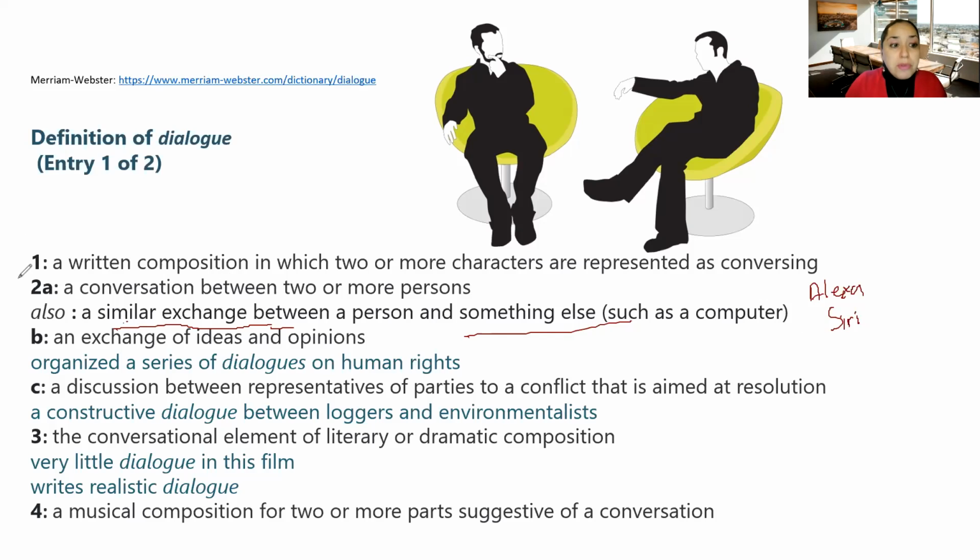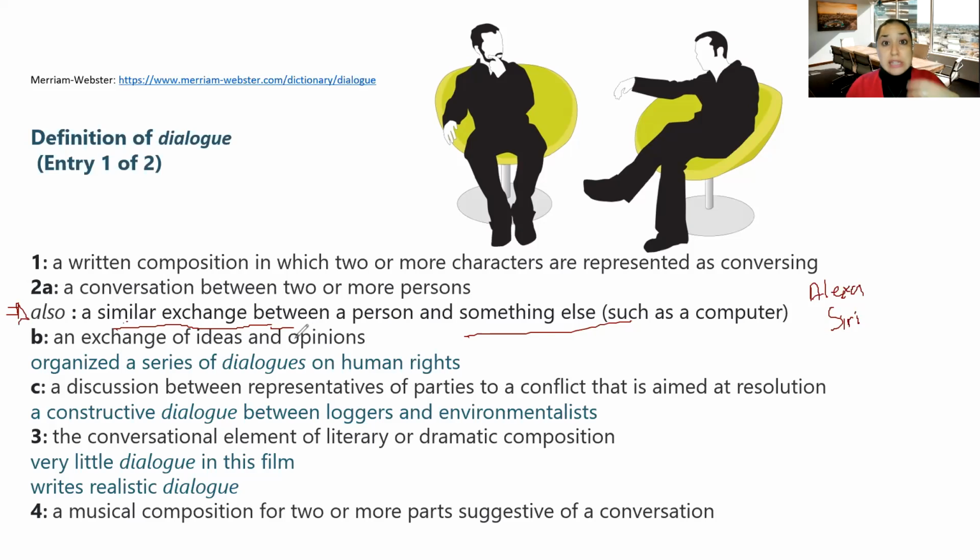So the Merriam-Webster dictionary also includes that. It could also be an exchange between a person and something else, because we already know that if it is artificial intelligence, it is not a person, but we can still have a dialogue with something that is related to artificial intelligence, okay?